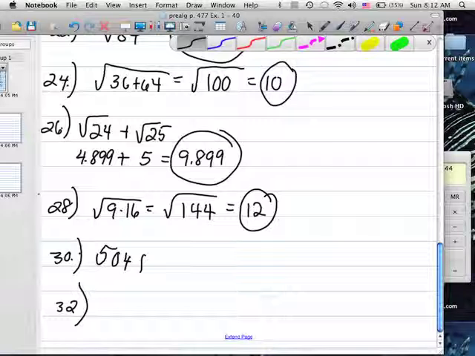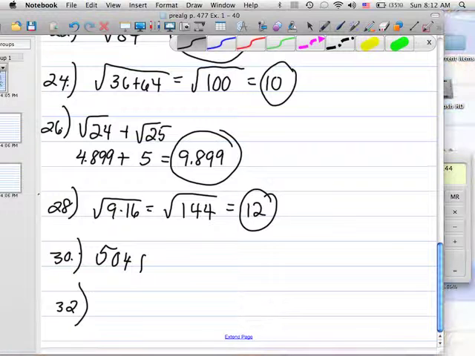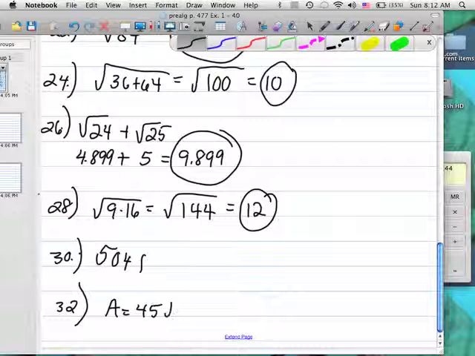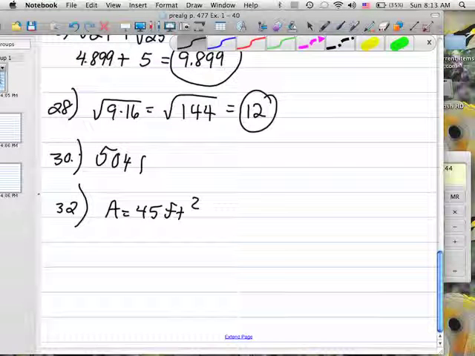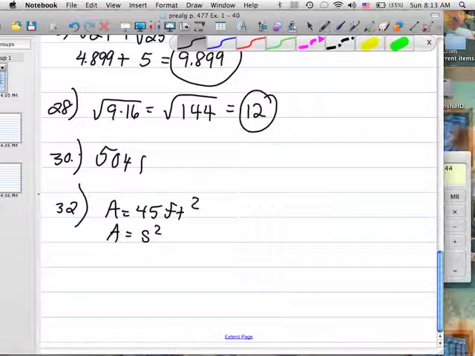Number 32, the symbol, the radical, is read the square root of, because evaluating the square root of x gives you the length of the side of a square with area x. Number 32, the area of a square is 45 feet squared. Approximate its perimeter to the nearest tenth of a foot. If the area equals 45 feet squared, that's the area equals s squared.